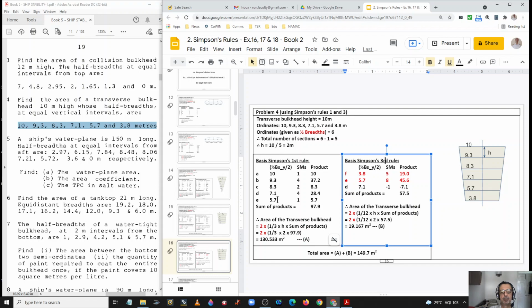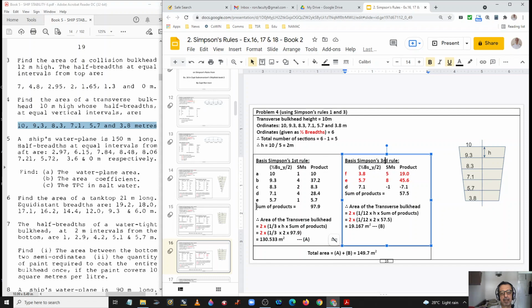The Simpson's multipliers 1, 4, 2, 4, 1, and the semi-ordinates multiplied by Simpson's multipliers give us the product. We do that for all 5 semi-ordinates.